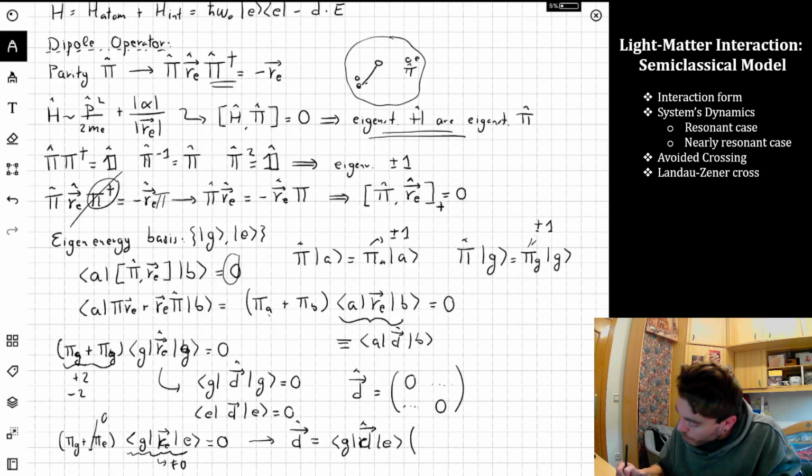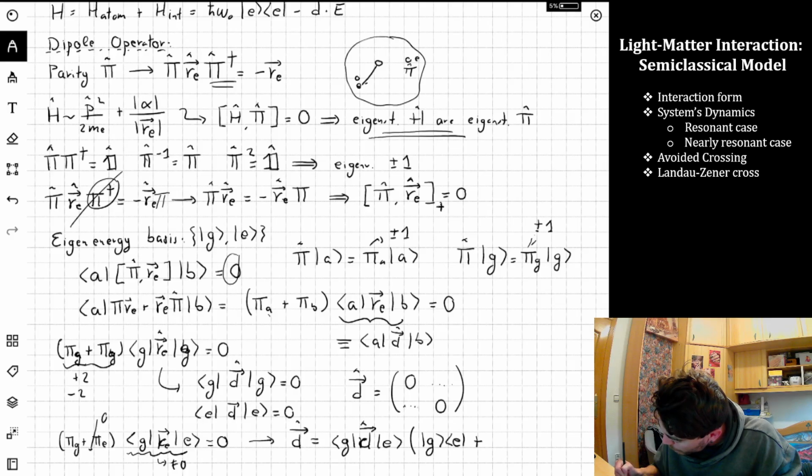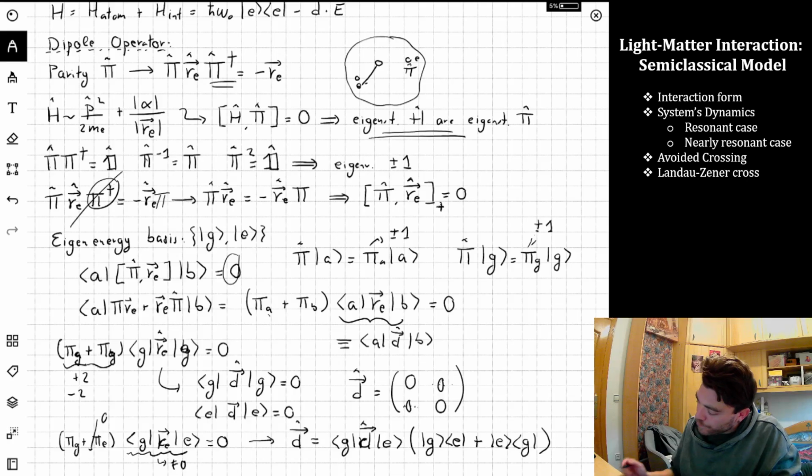And then we will have only off diagonal terms, but the off diagonal terms can obviously be written as GE plus EG, which are these elements of the matrix.